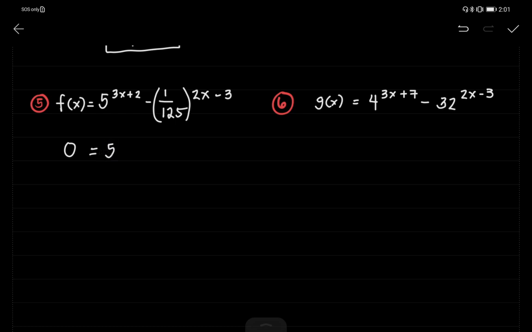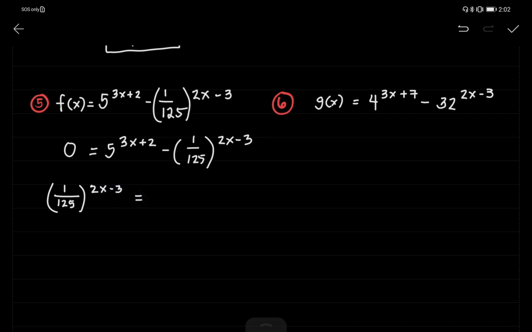Copy lang natin to 5 raised to 3x plus 2 minus 1 all over 125 raised to 2x minus 3. So, in this case, gagawin natin, ilipat natin yung isang expression sa kabila. So, lipat natin sa kabilang side ito. So, magiging 1 all over 125 raised to 2x minus 3.